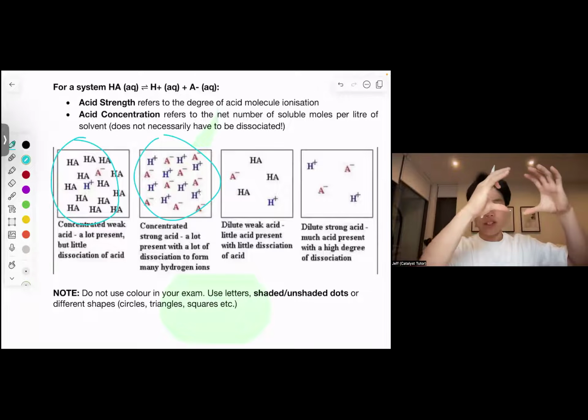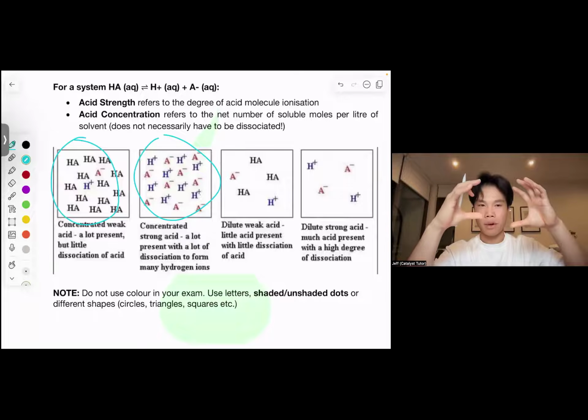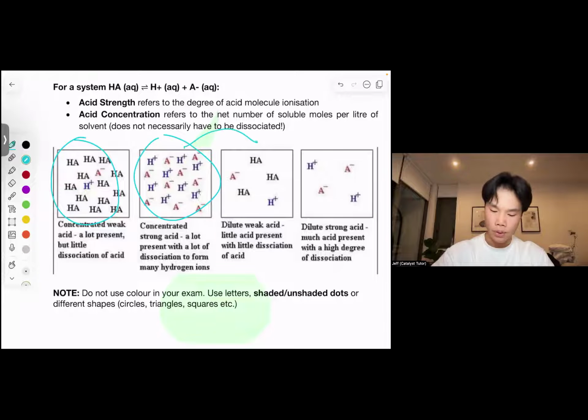If you have lots, in combination with all the H plus and A minus you make, that would be concentrated. If you have very little, that would be your dilute case. So these are dilute solutions as opposed to concentrated.